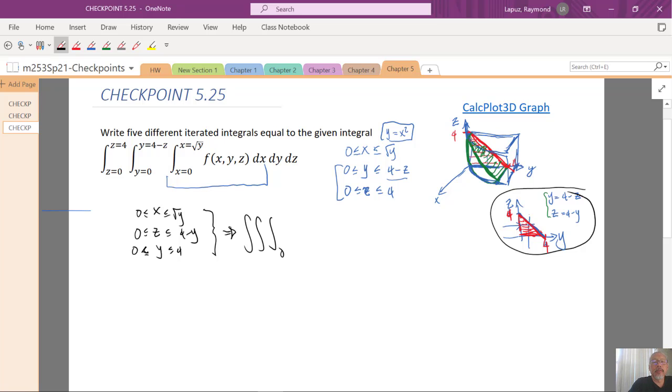The inner integral is still x going from 0 to square root of y. This is your function. And we're going to integrate with respect to x first. And then instead of y, we're going to go z from 0 to 4 minus y. And then our y limits are last, constants going from 0 to 4.